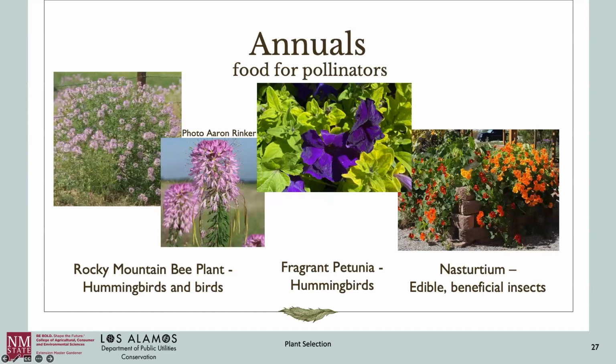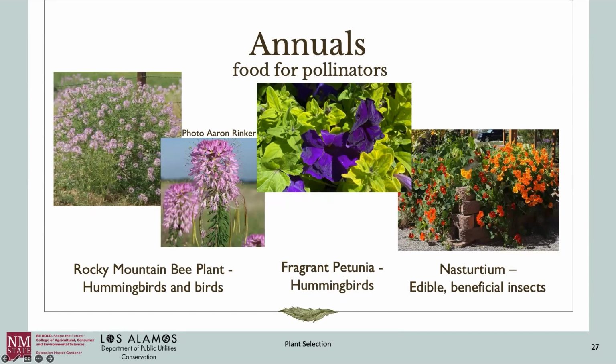Rocky Mountain bee plant is the only one I have in my yard. These are not pictures from my yard, but photos from Erin Rinker. It is a great pollinator plant, and in addition to the pollinators, right now my songbirds are eating the seeds.